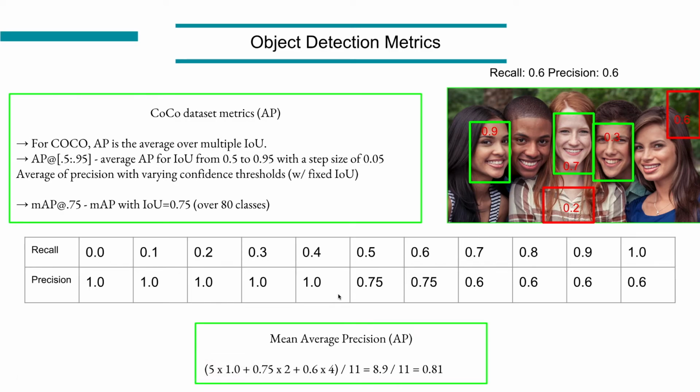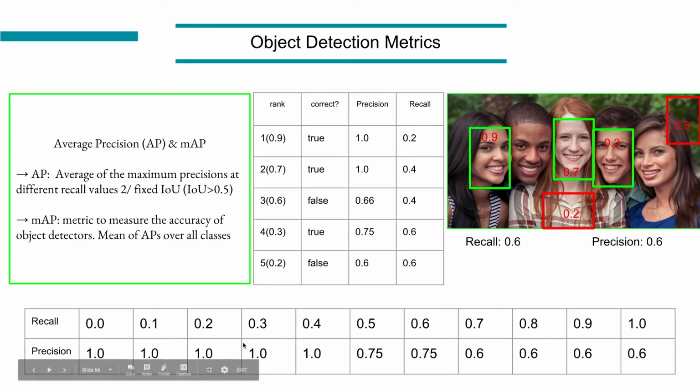So the definition of average precision uses the maximum precision value at each recall. So for 0.0 and 0.1, it should be 1 because it was already 1 at 0.2.